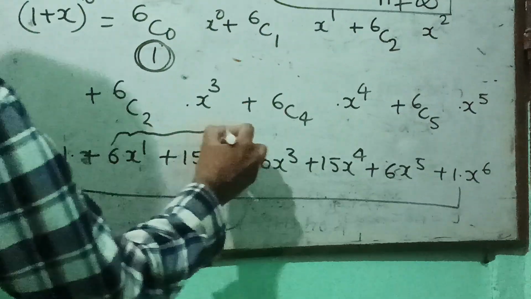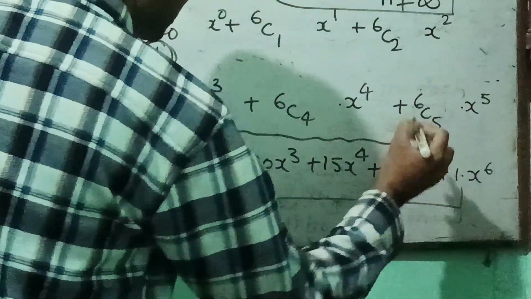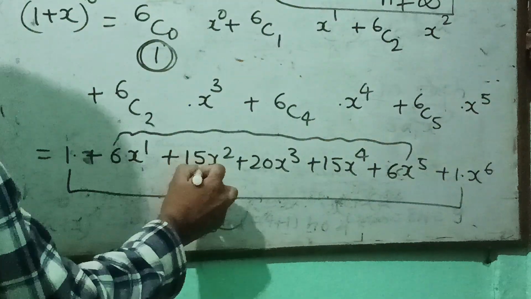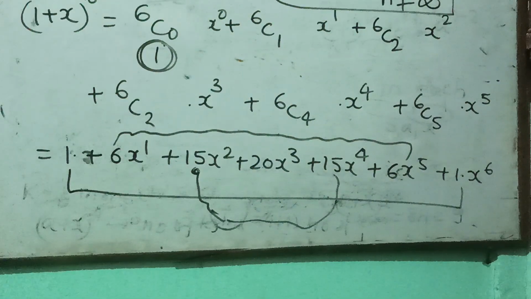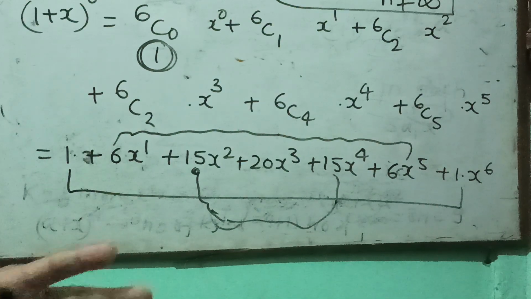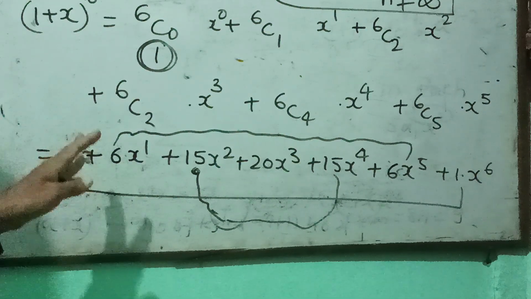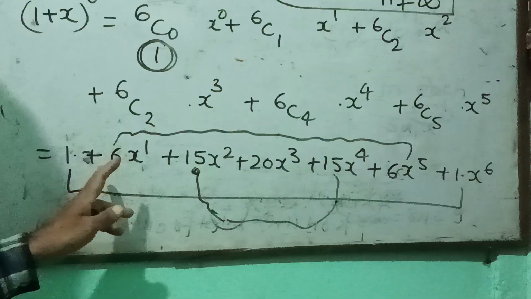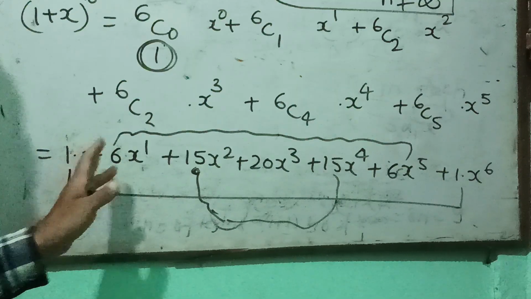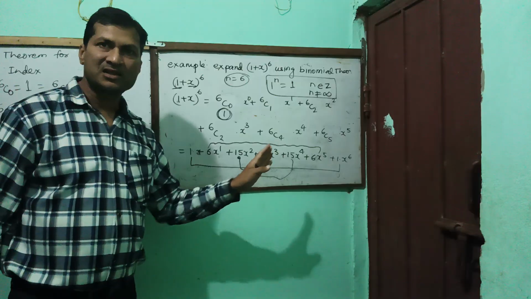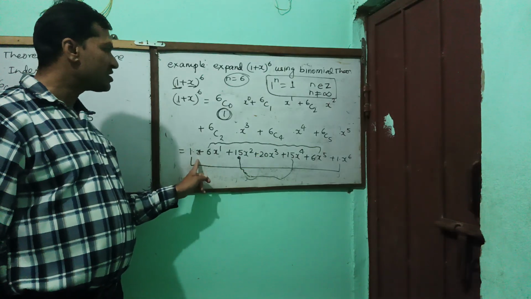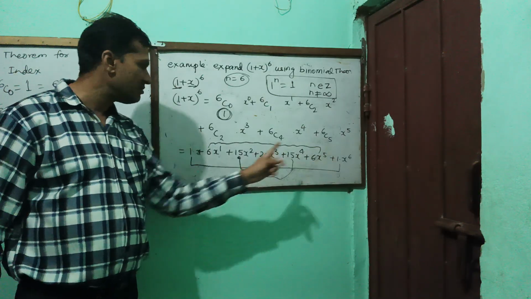Second term and second last term the coefficients are also same. Third term and third last term the coefficients are same. So this is also one property. In any binomial expansion, the coefficients of terms from the beginning and from the last are equal. The first term from beginning and the first term from the last are same.